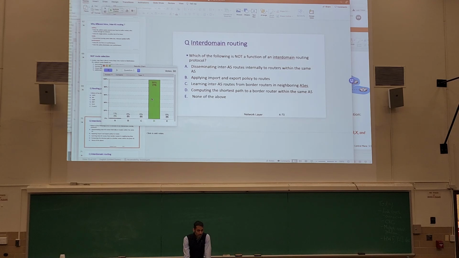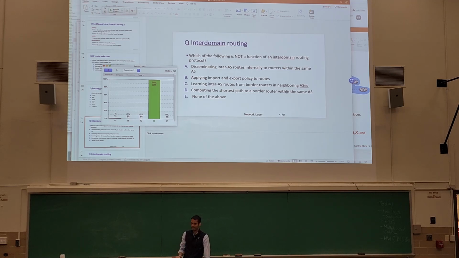Computing the shortest path. First, there's two giveaways. The first giveaway is it's within the same AS. Okay, that's not quite enough, because intra-domain considerations are also part of BGP's route selection to a remote destination. You select a route to a remote destination based both on the AS level path as well as how to get out of your own network quickly.